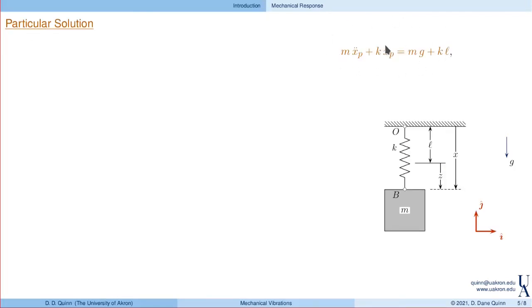I've rewritten it here in orange again. And remember, this is any valid solution. We don't have to worry about initial conditions. We don't have to worry about long-term behavior. We just have to find something that works. So again, there is no consideration of initial conditions.